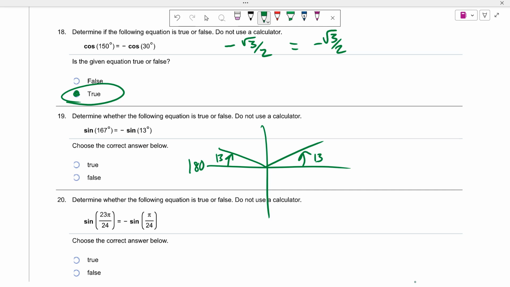Okay? So they're the same reference angle, so they'll be the same amount, but are they opposite signs or are they the same sign? They should be the same sign, so this is a false statement because this says they're opposites of each other, which they are not. Okay?